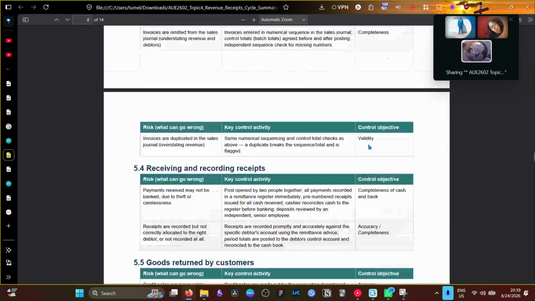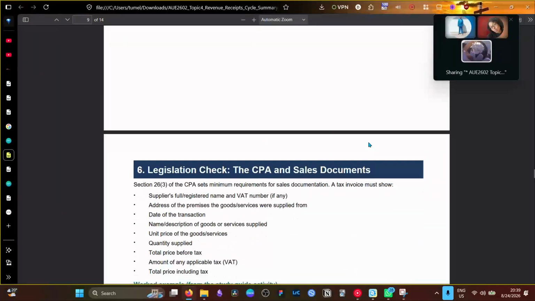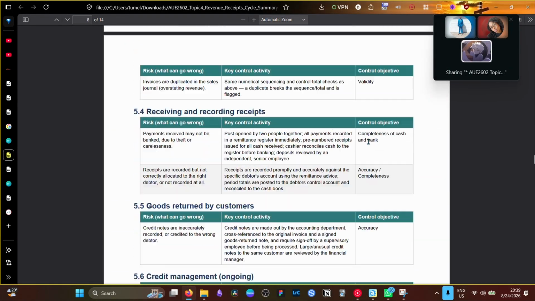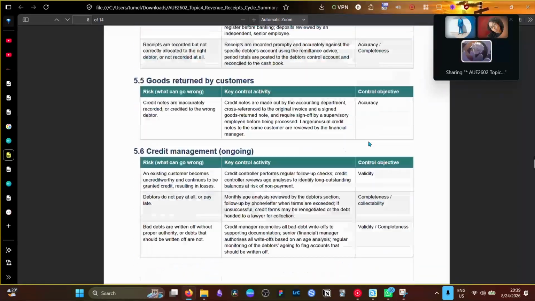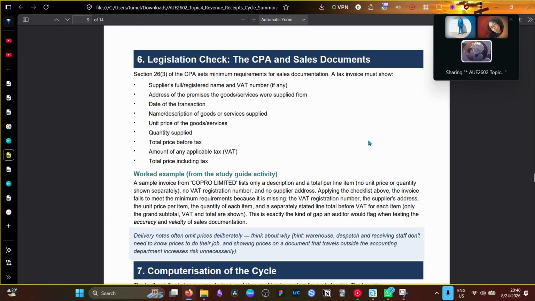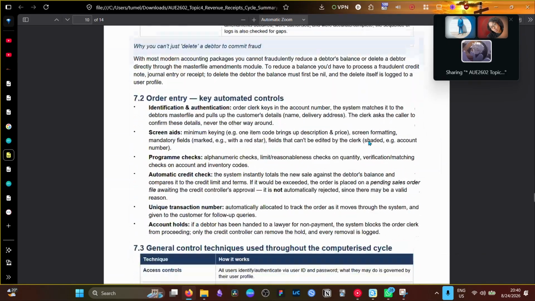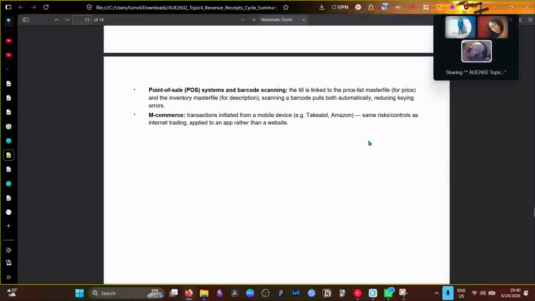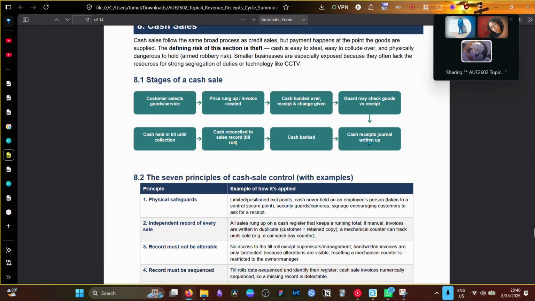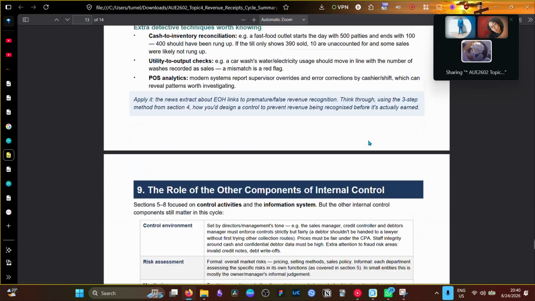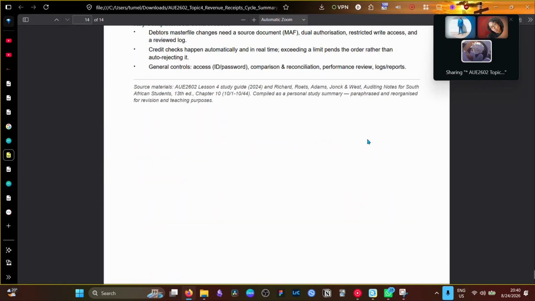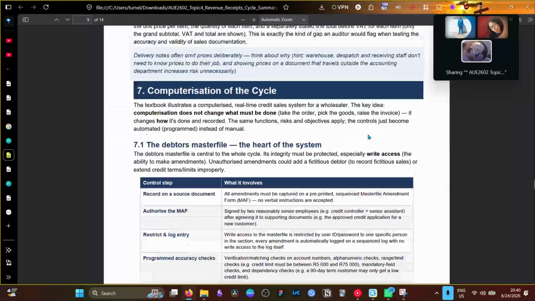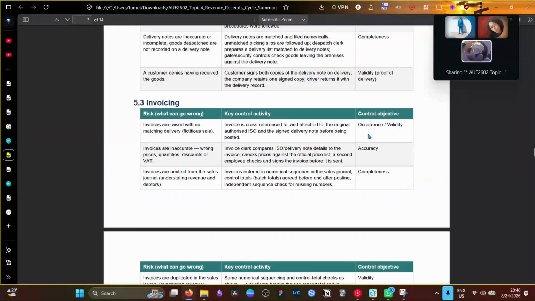We probably will end here. I'm not sure, maybe, let's see. Legislation check. Not that much. All right, I think let us continue because she's not here.